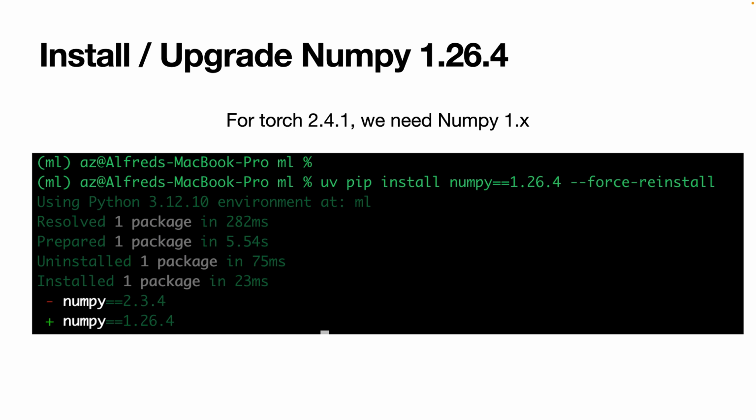However, there's another issue: for this particular version of torch, 2.4.1, we will need NumPy 1.something, which is an older version of NumPy, to be compatible with this older version of torch.